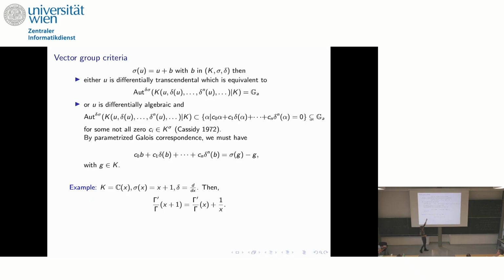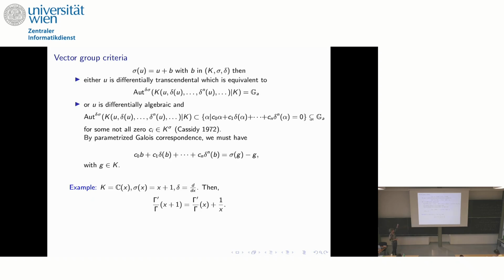Okay, so it's easy to see that gamma will be differentially algebraic if and only if its logarithmic derivative is. So you compute the equation for the logarithmic derivative, and you see that it is of the above form, where b is equal to 1 over x. So we argue by contradiction.